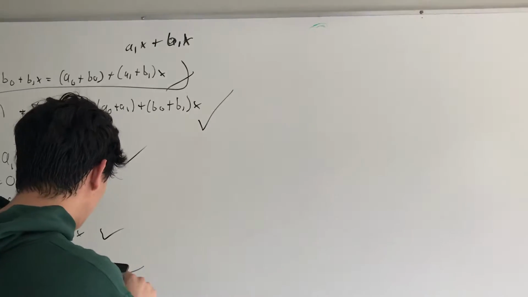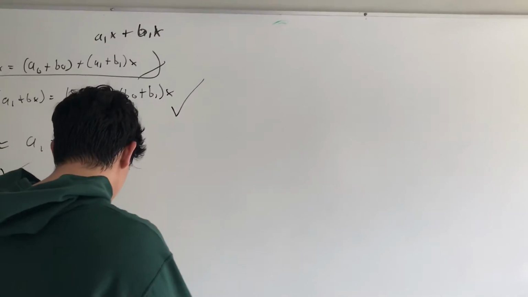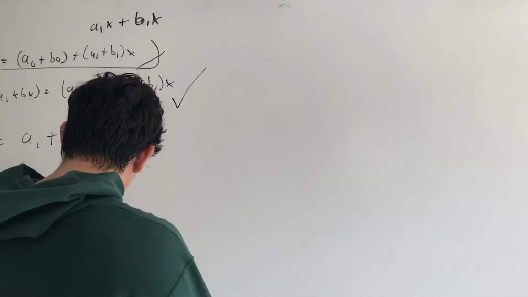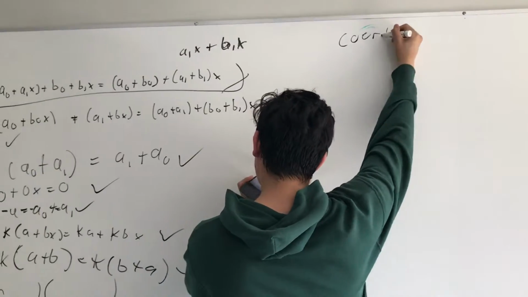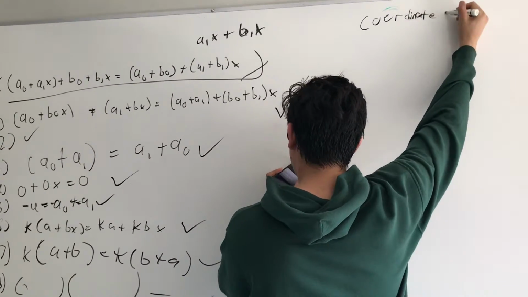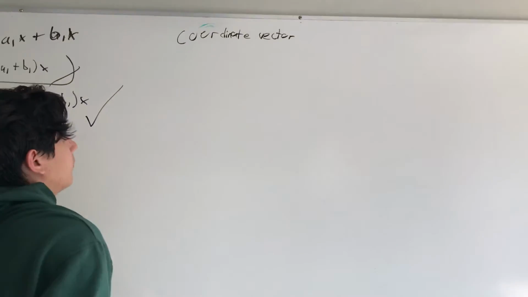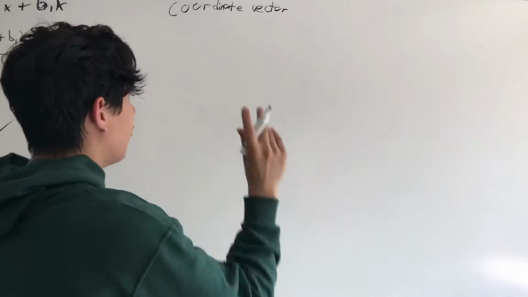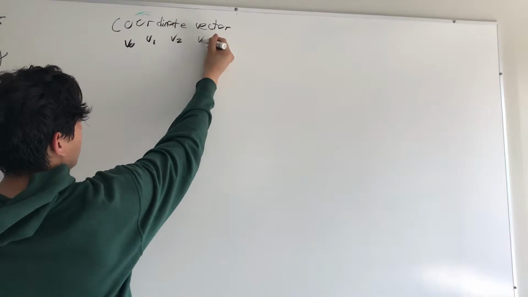We go to the other problem, and there we have to find the coordinate vectors. I will avoid that, but we have 4 vectors B0, B1, B2, B3.